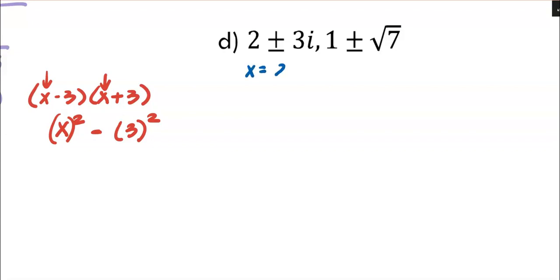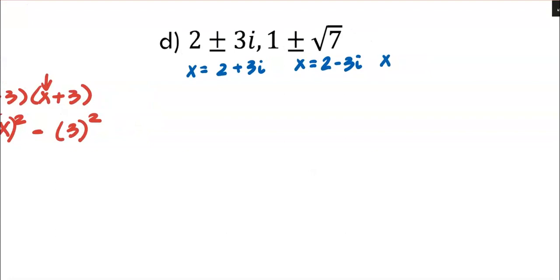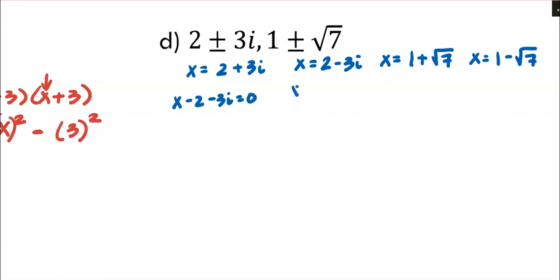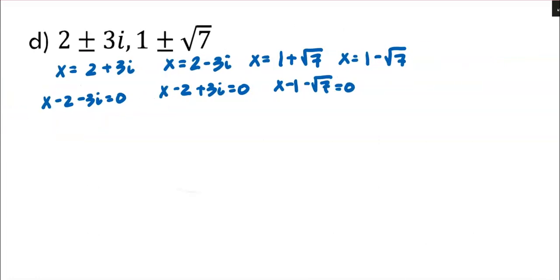X equals 2 plus 3i. X equals 2 minus 3i. X equals 1 plus square root of 7. X equals 1 minus the square root of 7. X minus 2 minus 3i equals 0. X minus 2 plus 3i equals 0. X minus 1 minus square root of 7 equals 0.